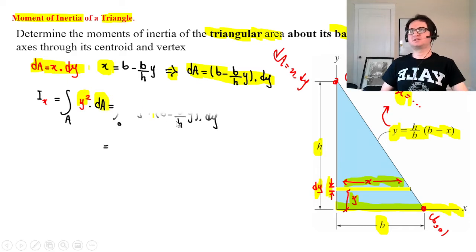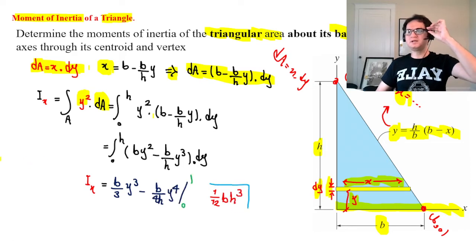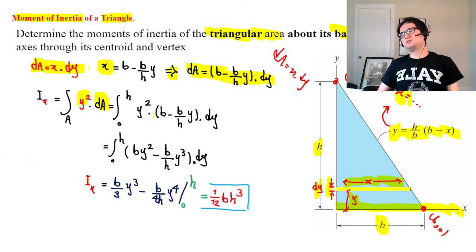If you replace the values and solve it, it gives you Ix for a triangle with the same dimensions as our rectangle, again 1/12 base cubed height.